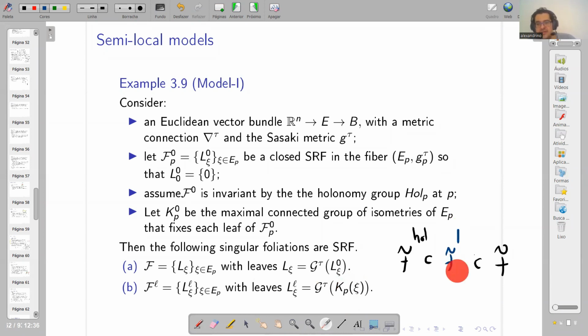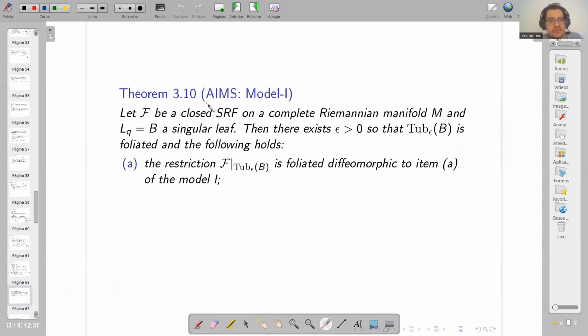This gives this subfoliation here. This guy is just translate by one vector, and this guy, you take a leaf in your fiber and translate everything. So, why do I want to make your life even worse? Because this model actually describes everything.